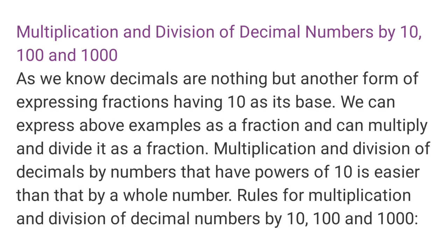Multiplication and division of decimals by powers of 10 is easier than by a whole number. Thus, let us learn about the arithmetic operations or rules for multiplication and division of decimal numbers by 10, 100 and 1000 in the following slides.